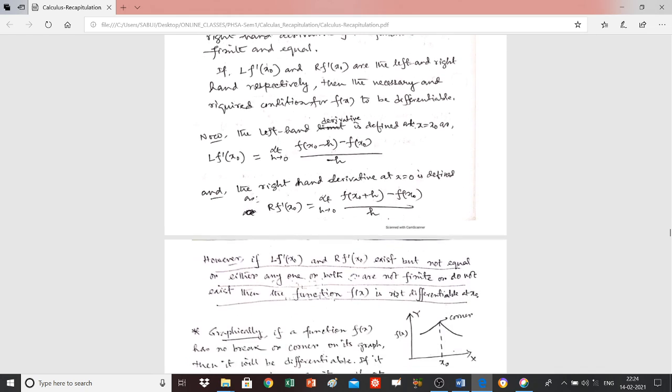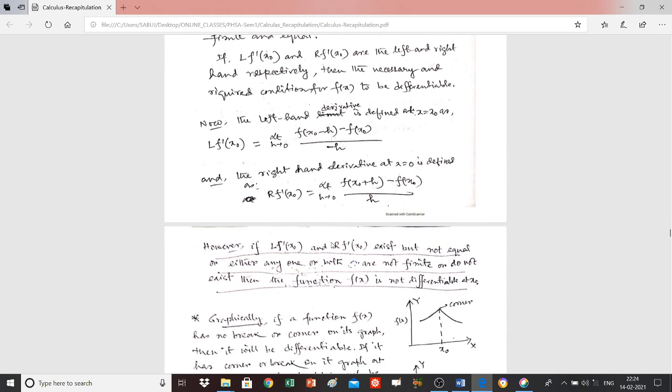So however, you have given a function f(x), and you have calculated for a certain value of x that the left hand limit and the right hand limit both exist.